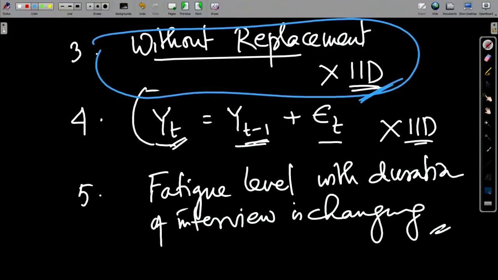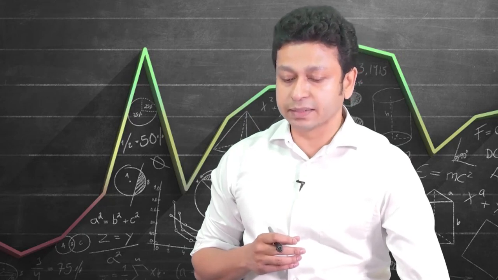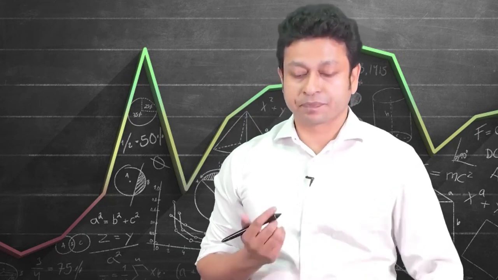It is still going to be an IID process, assuming that the drawing of samples or balls does not really change the constitution of the remaining balls in that urn. Okay. All right. So, these are the examples I have given just to get an idea of the IID process. Okay.